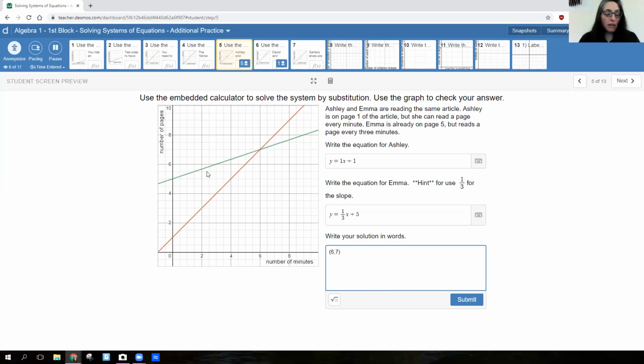So let's see here, at 6 minutes, both girls will have read 7 pages. I suppose we could say they would be on page 7. You could say that too. On page 7.